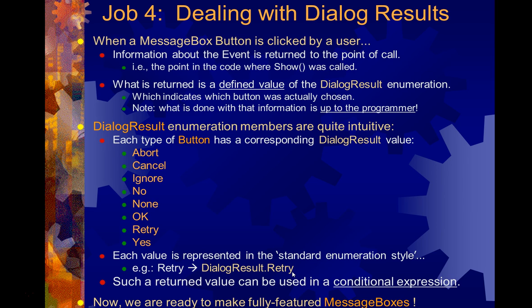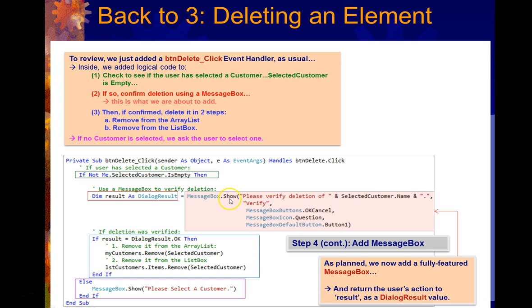Now we are ready to make use of the fully featured message box. So we saw that we have to put in a whole lot of stuff into the show in order to get this all to work. So this is what he does. He puts all these options in, and then he assigns the result to something called result, which is of type dialog result. It has to be of that type. And then he just tests to see whether the result is okay or not. So if it is, then we want to go ahead and remove.